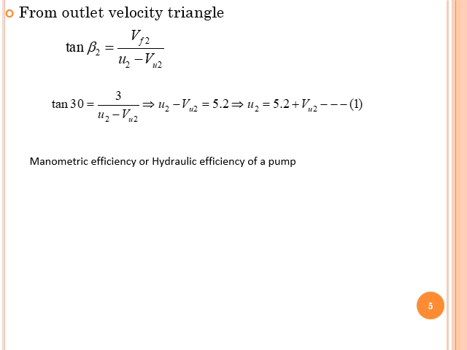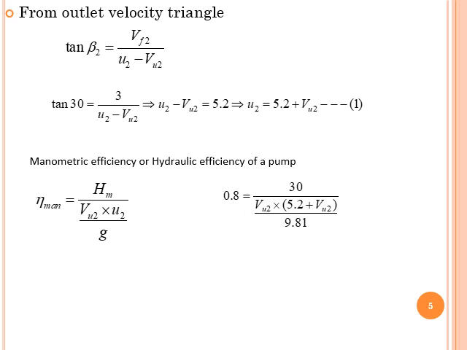The manometric efficiency or hydraulic efficiency of the pump is given by the expression, eta manometric is equal to the ratio of manometric head into g divided by VU2 into U2. Now substitute the values here.